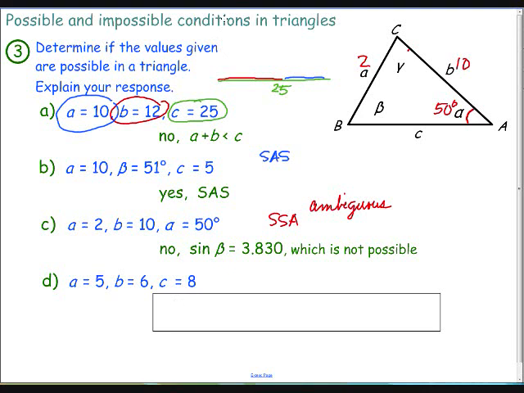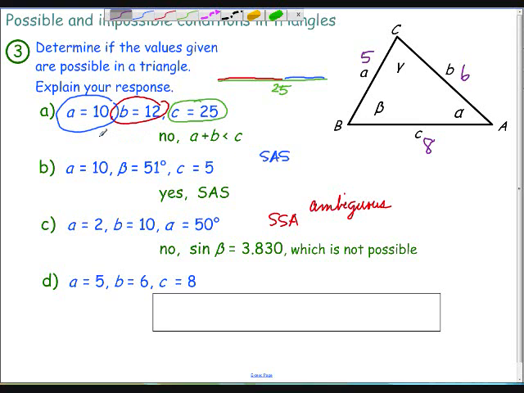Let's look at this last one. A is equal to 5, B is equal to 6, and C is equal to 8.